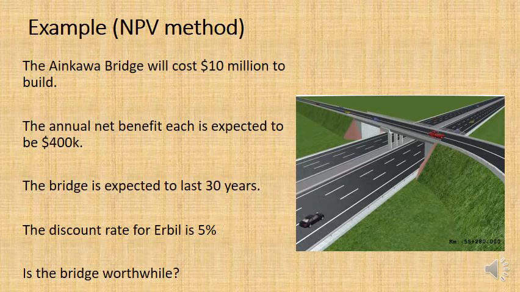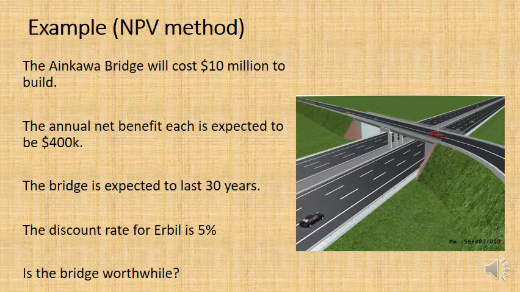That's in savings from traffic jams, GDP stimulus, all sorts of external benefits and costs. They come down to being $400,000 a year. Now, the bridge is expected to last 30 years. Again, a bridge should probably last much longer than 30 years, but anyway.